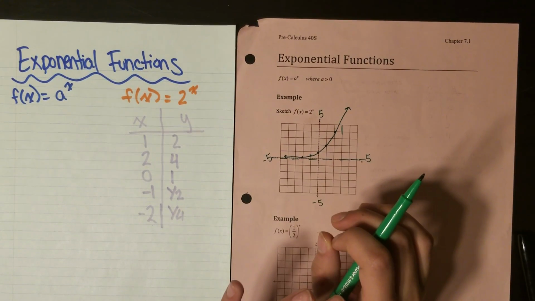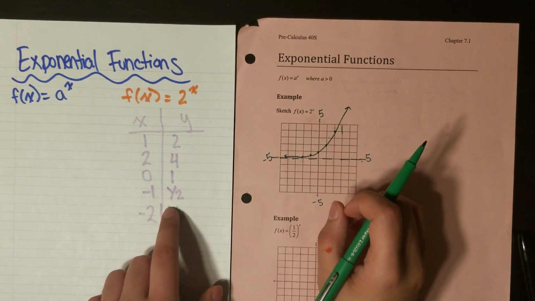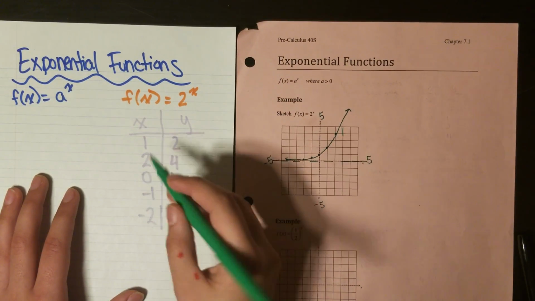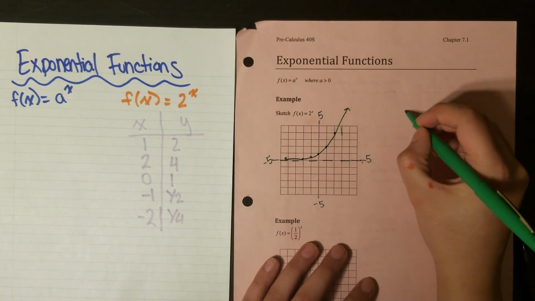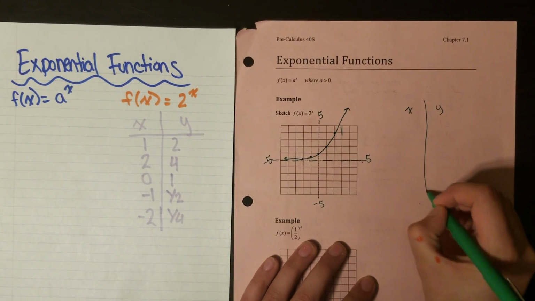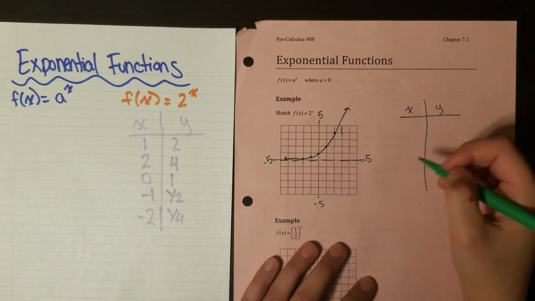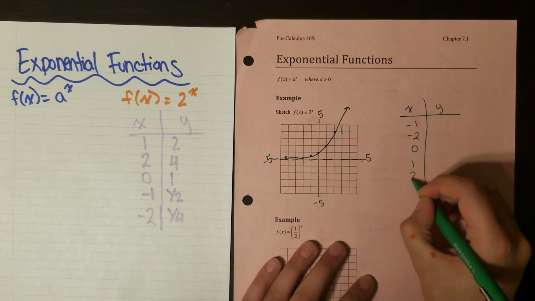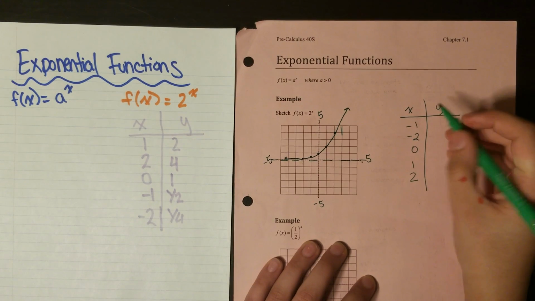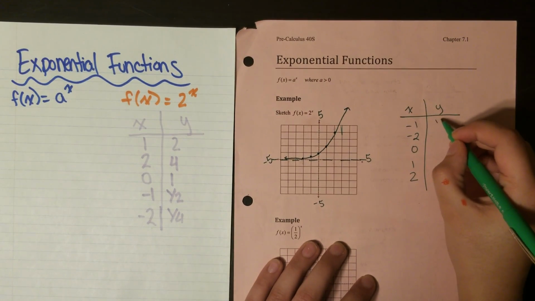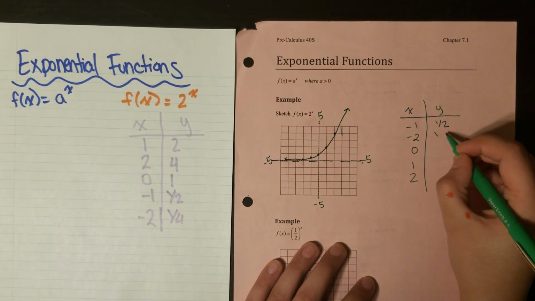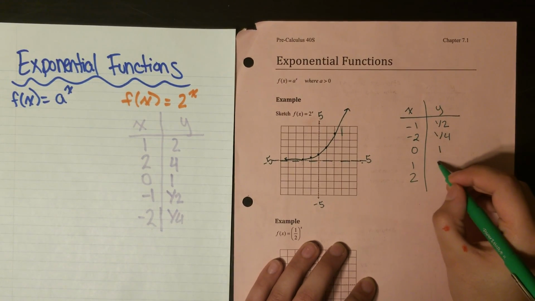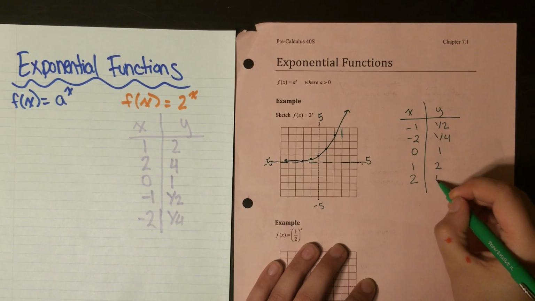Okay, so I have that. One thing I'm going to mention is that when we look at this function right here, I'm going to write this in a proper order. So if I wrote it over here, I would start off with -2, -1, 0, 1, 2. I'm putting it in proper order. So -2 is 1/4, -1 would be 1/2, 0 is 1, 1 is 2, and 2 is 4.